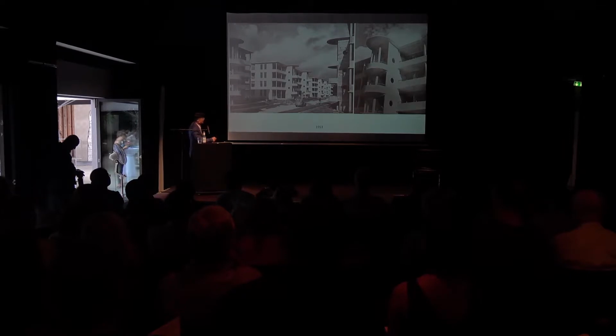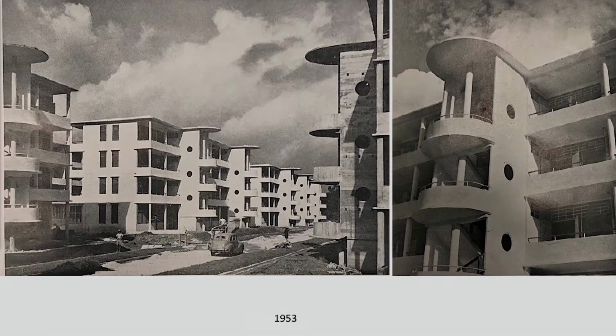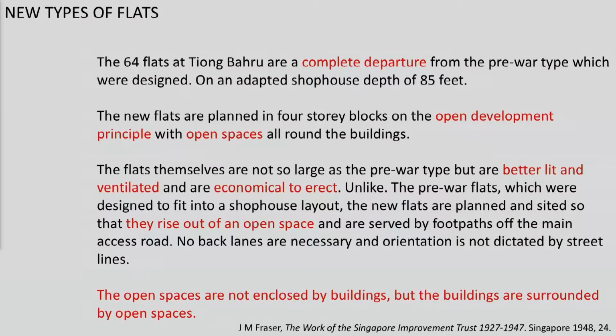The flats are 4-story high, with staircases that are decorative, with round windows, but balconies all around. And this was written by Fraser in a publication in 1948. He talked about the new types of flats. He said that the new flats were a complete departure from the pre-war flats. They have this open development principle with a lot of open spaces.